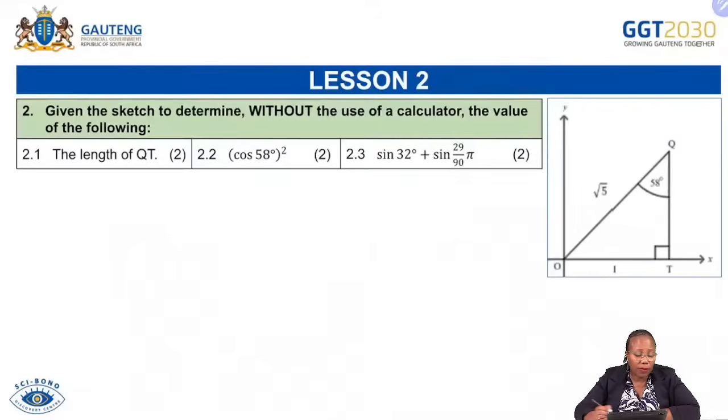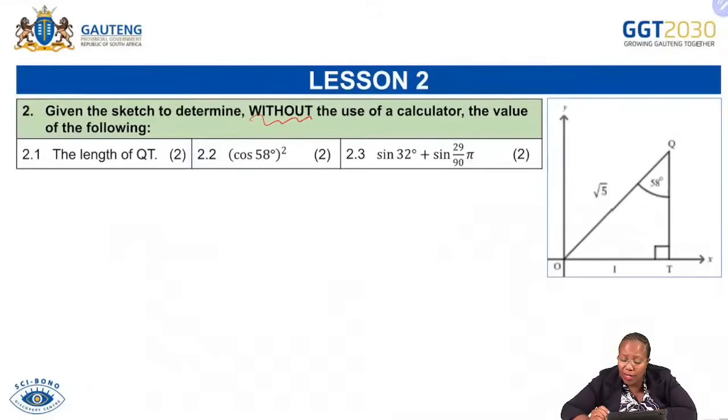And then now the next question, you are given the sketch to determine, without the use of a calculator now, the values of the following. The first question, they say determine the length of QT.